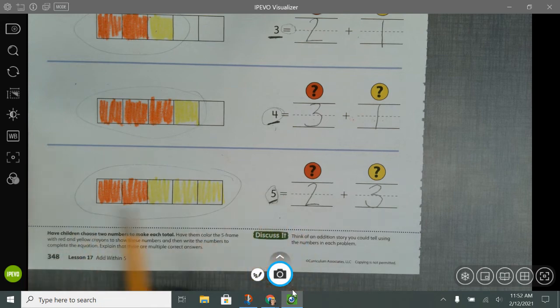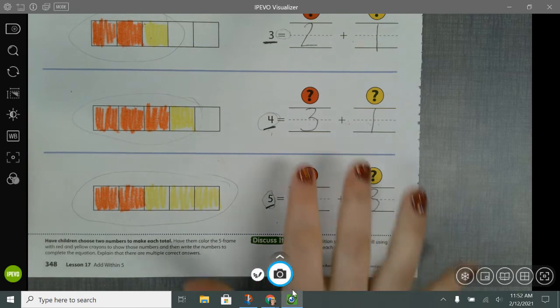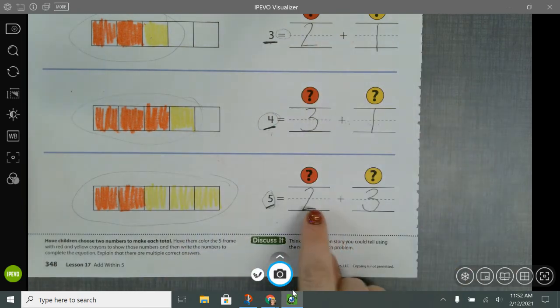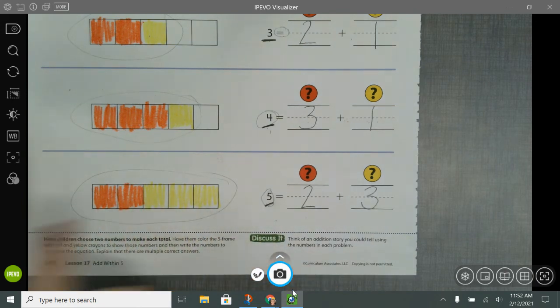Excellent. If you need to, press pause, go back and check with an adult to make sure that your number pair equals the correct answer and that it matches what you colored on your 5 frame.